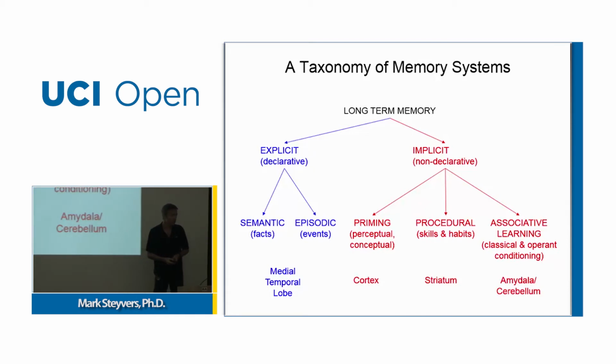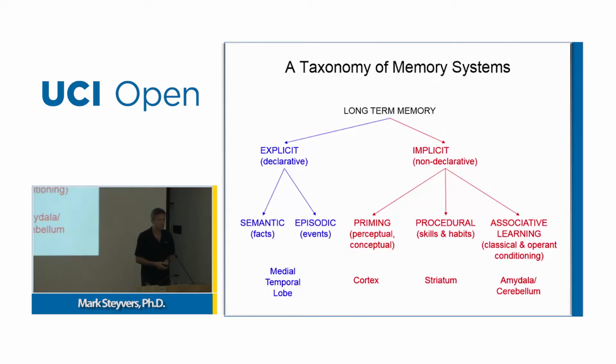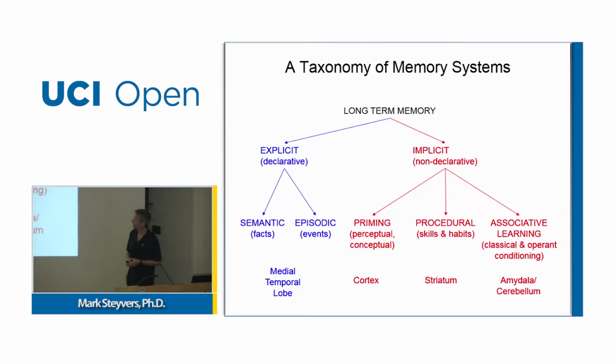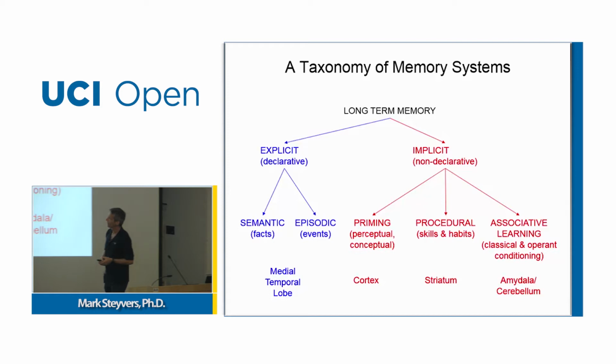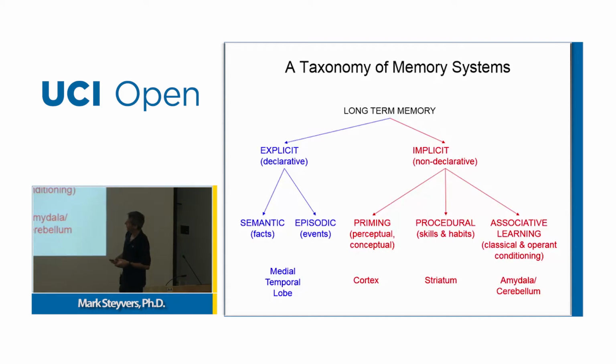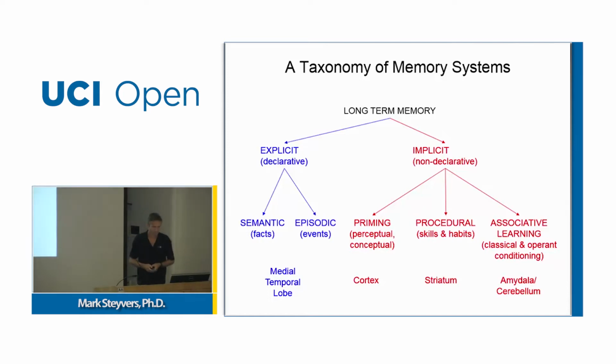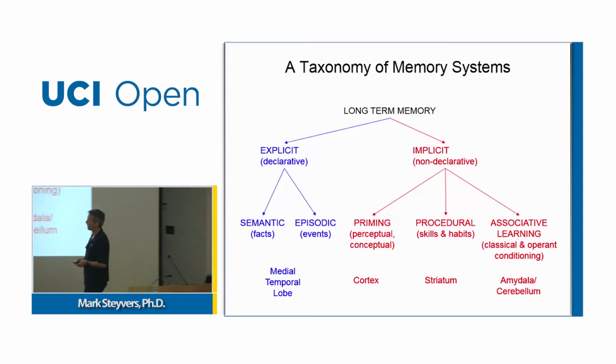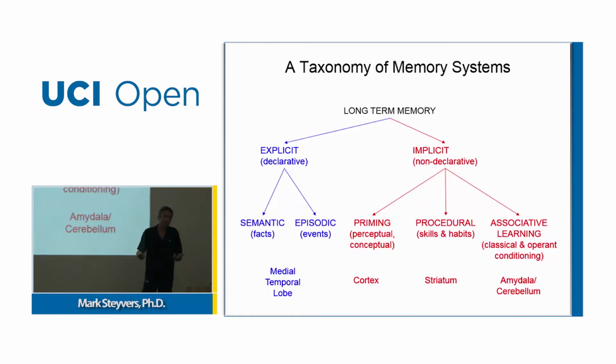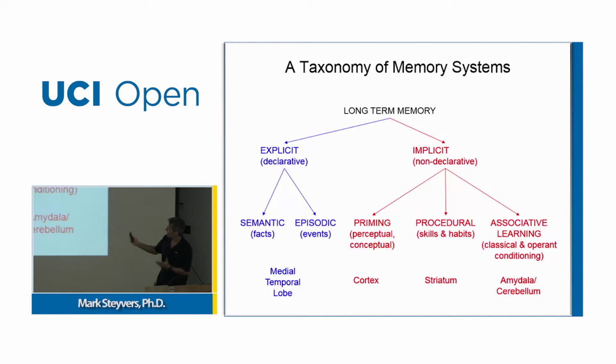The medial temporal lobe is involved in the formation, the long-term storage of explicit memory. And then you have the cortex striatum, amygdala, and cerebellum associated with these forms of implicit memory. We won't talk very much about the brain in general in this course, 9B, 11B, but there's a few things that are helpful to know. So these are the few terms that you'll be exposed to during this course.